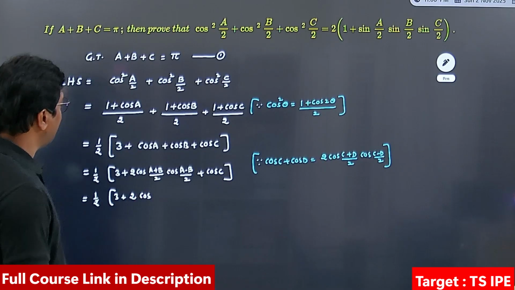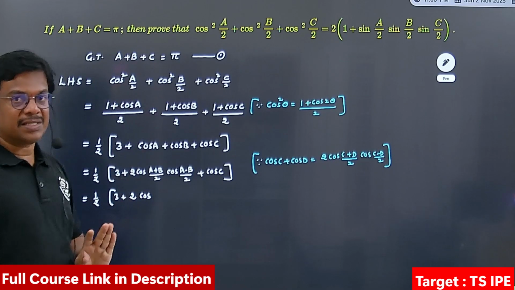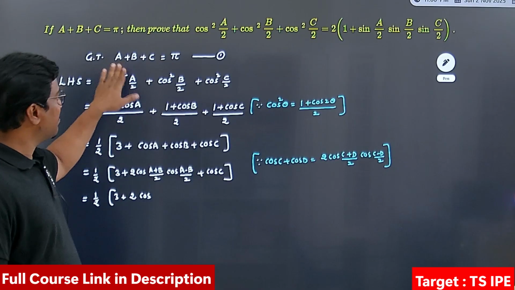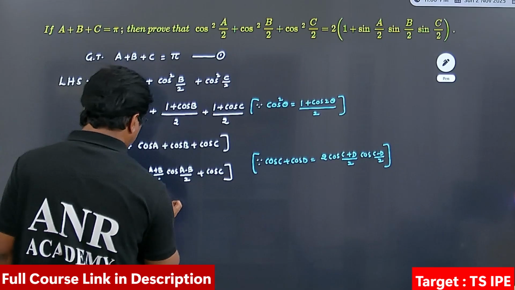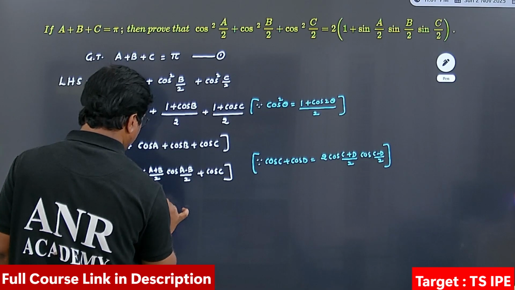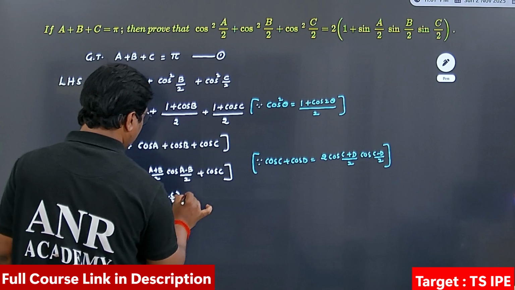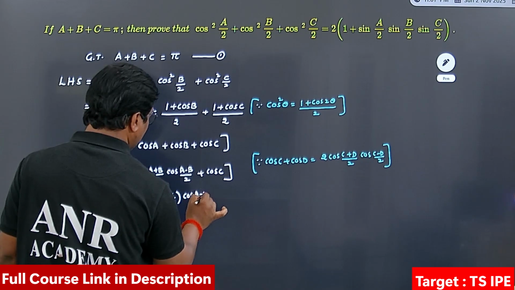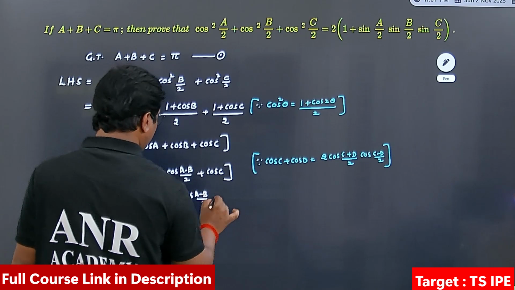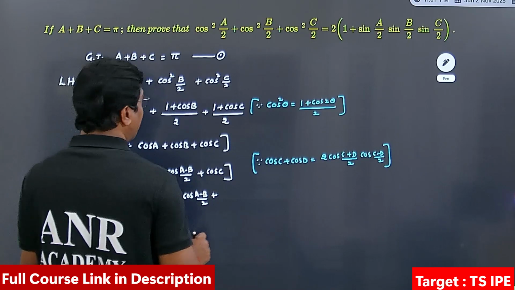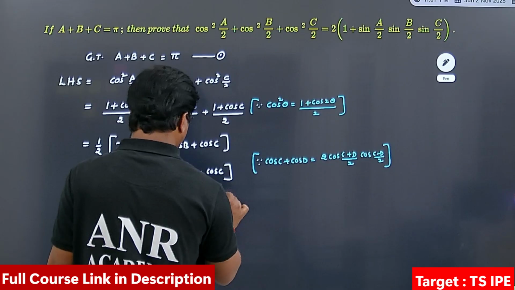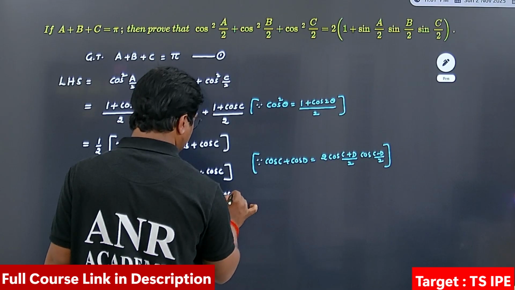You know that A plus B is 180 minus C, so A plus B by 2 is 90 minus C by 2. Remaining cos (A minus B) divided by 2 and cos C, suppose first as it is.